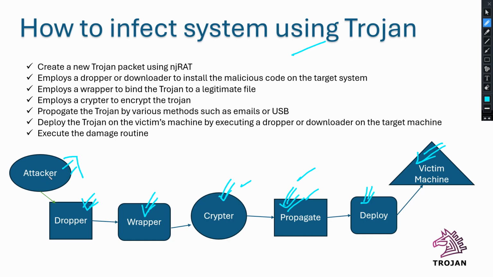Suppose we are at the stage of the attacker. The first task of the attacker is to create a Trojan packet using njRAT. njRAT is a utility, a program that is used to create Trojans.